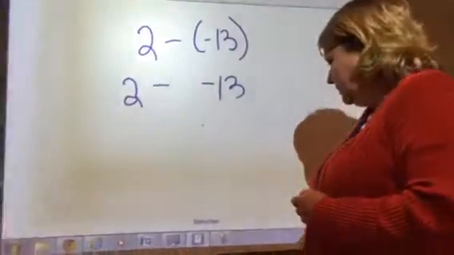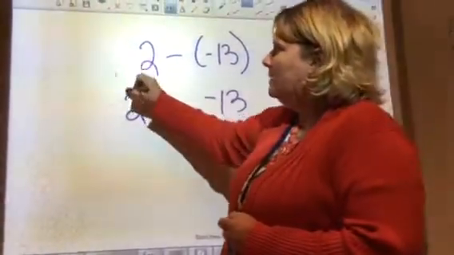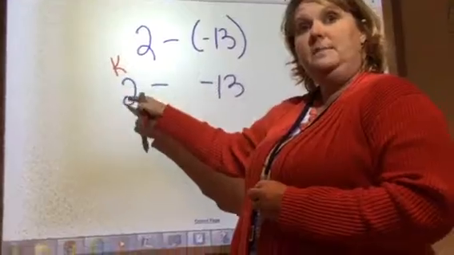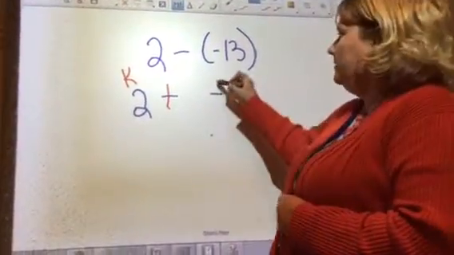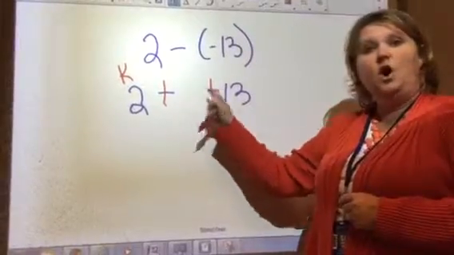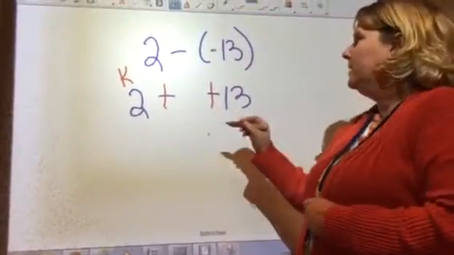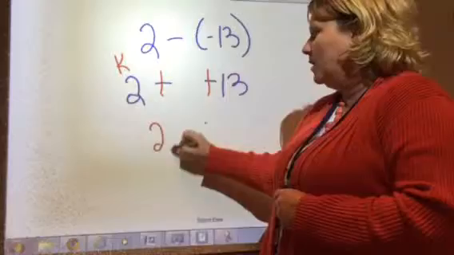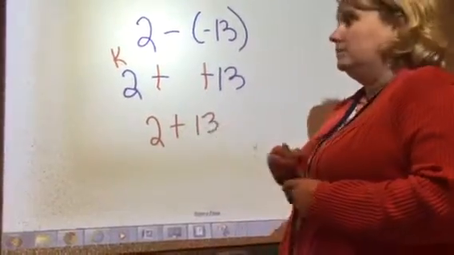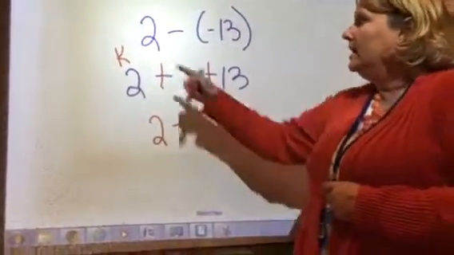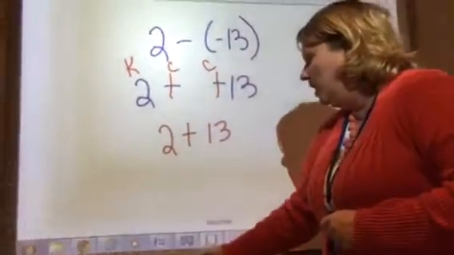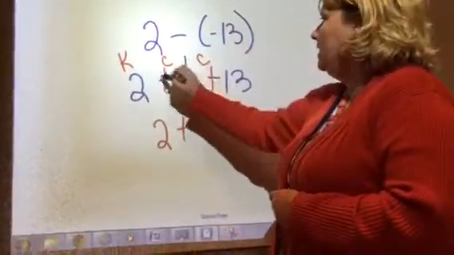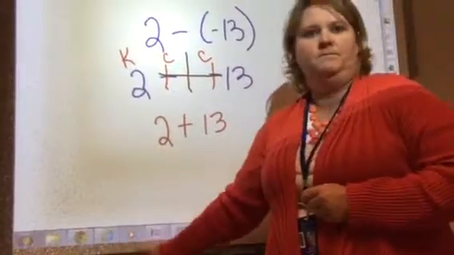Now I have two ways to remember this. I can remember it as keep. I'm going to keep the number that's here. I'm going to change this number, and I'm going to change this because two negatives are always going to give me a positive. So now I can write this problem as 2 plus 13. A keep and a change, or if you just want, make one large plus sign in the middle.